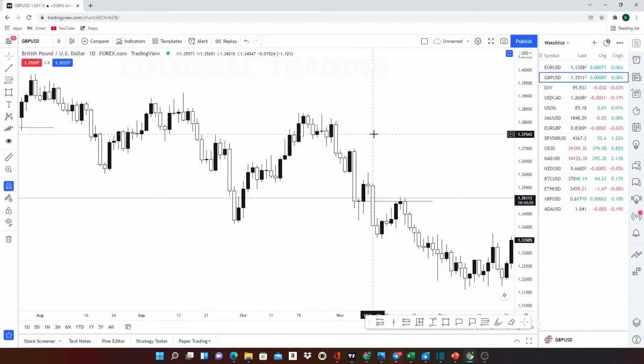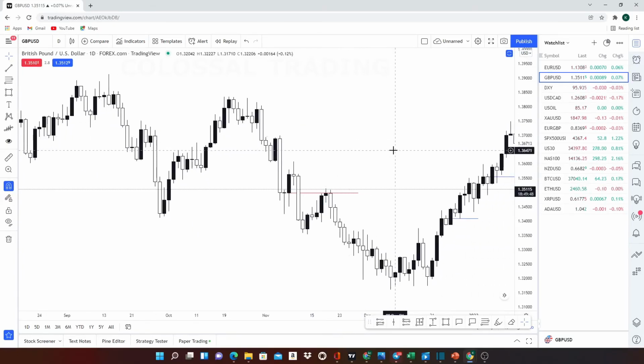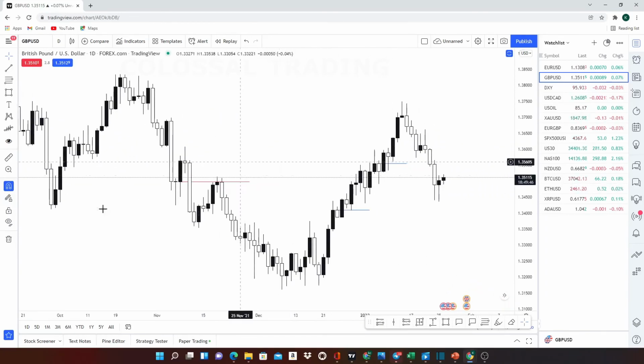So let's just say, for example, I am bearish on the market, right? And since I'm bearish, which means I'm expecting the market to go lower, right? And let's just say there's a weekly order block in the way.